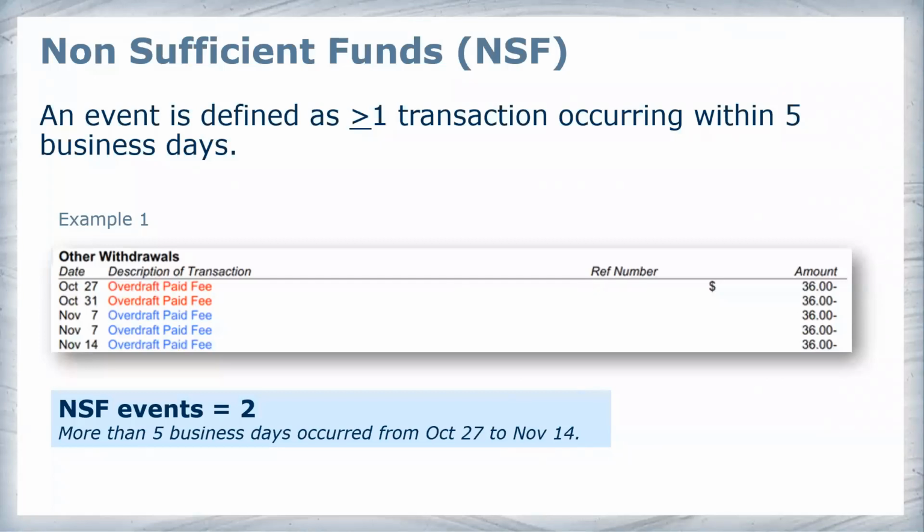An event is defined as greater than or equal to 1 transaction occurring within 5 business days. So in this case, the NSF events equals 2 because more than 5 business days occurred between October 27th and November 14th.